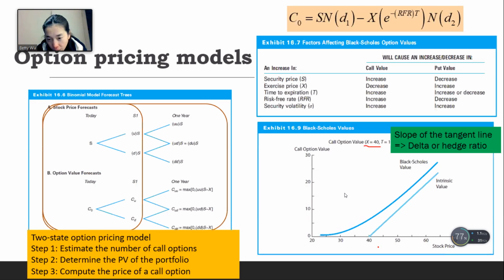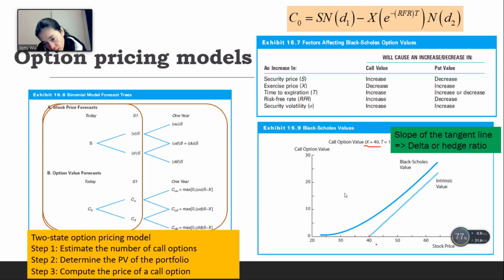So when the stock price is equal to 40, that means if I exercise it, I'll buy at 40, sell at 40, so it's 0, right? Intrinsic value is the value if I exercise it right now, so it's 0. I can exercise, I don't need to, I'm indifferent.